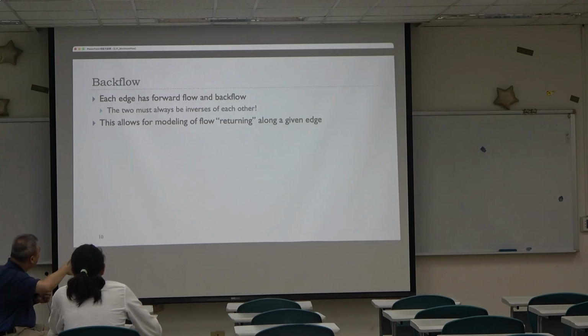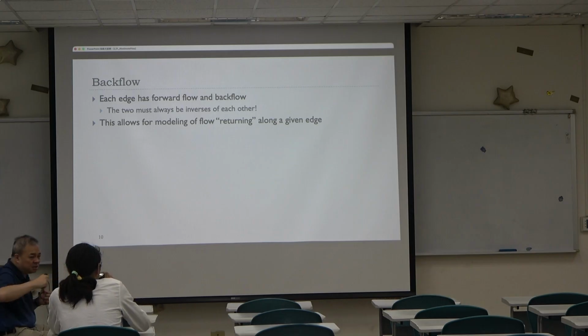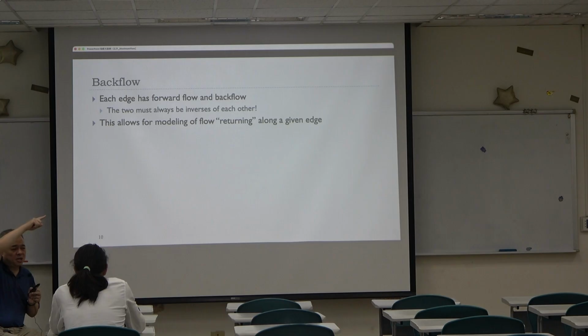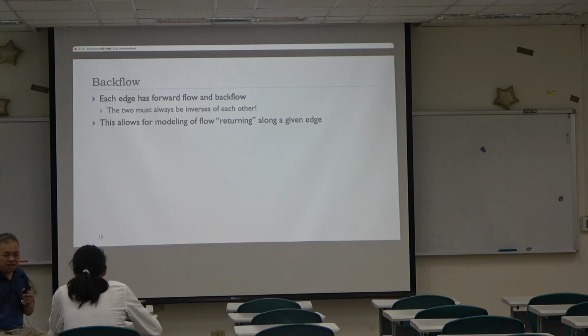The two must always be inverse of each other. If the capacity is 30 and you assign a flow of 20 in this edge, then the residual capacity is 10, right? The forward flow is 20, and the back flow is negative 20.